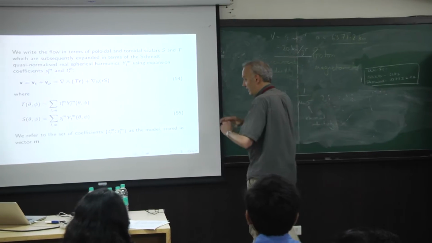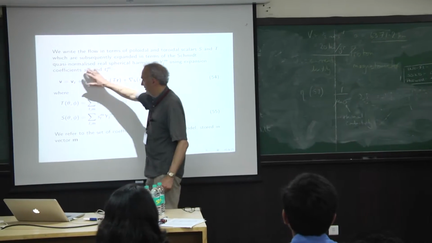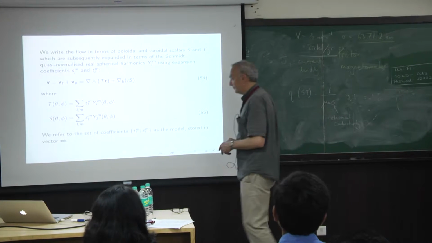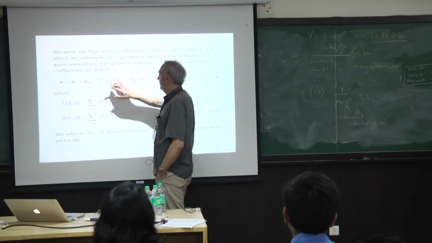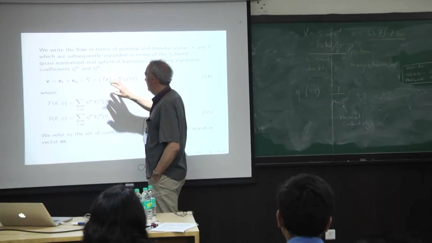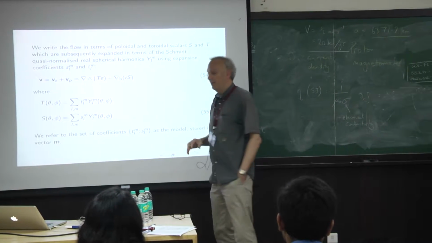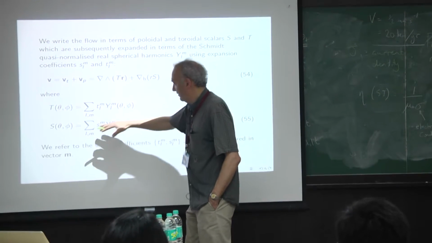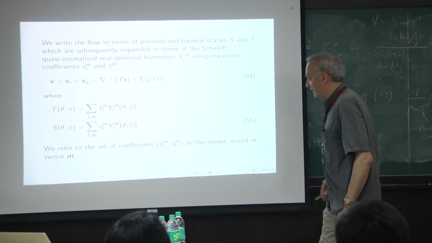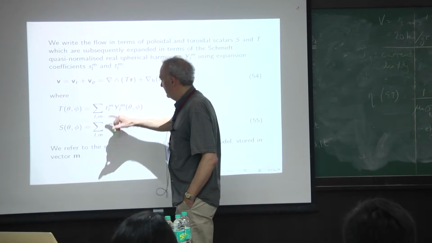So it's completely general. It's sufficiently general for our purposes. It's governed by two unknown scalars, this T and S. And then, of course, we just expand everything in spherical harmonics, very convenient, with a set of coefficients S and T.